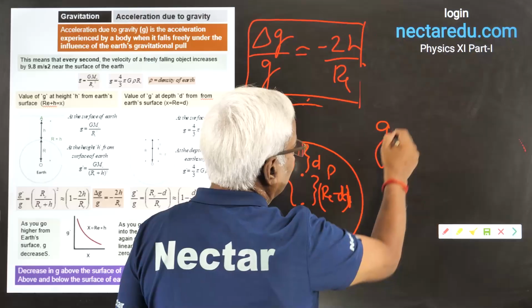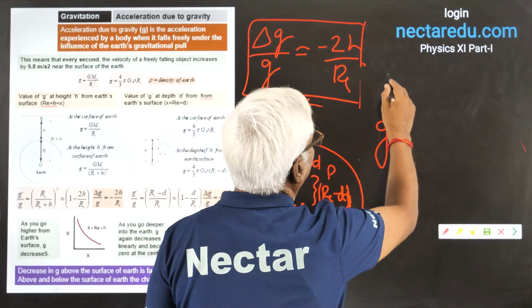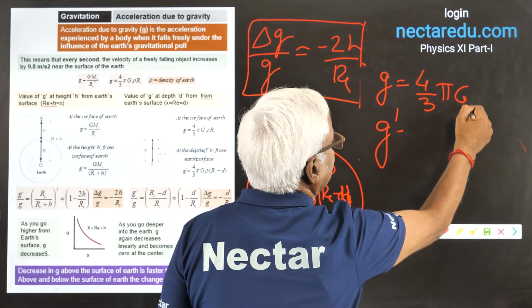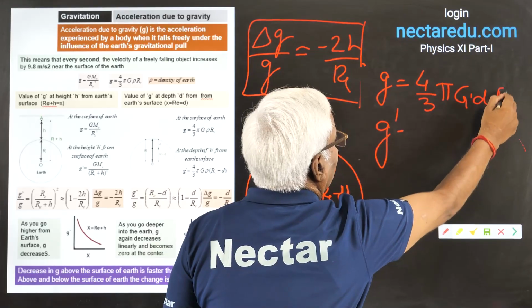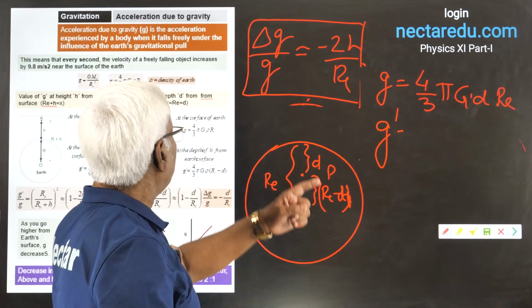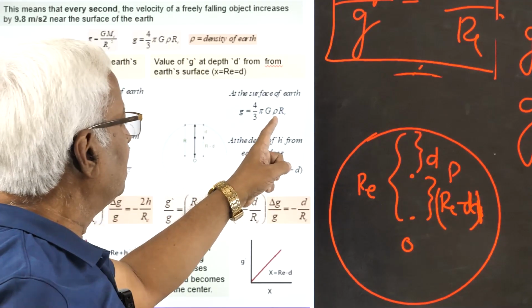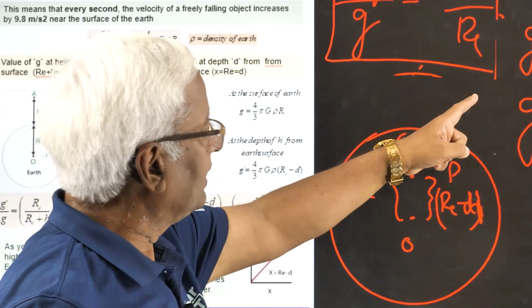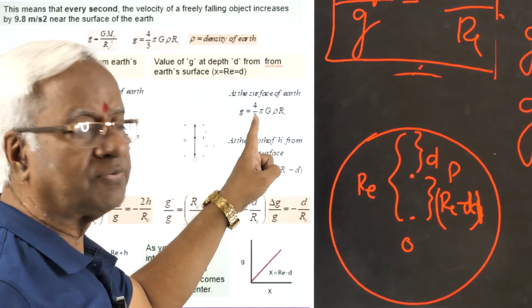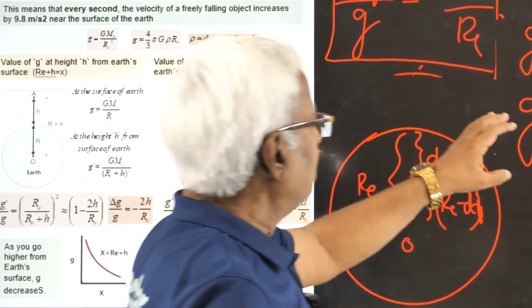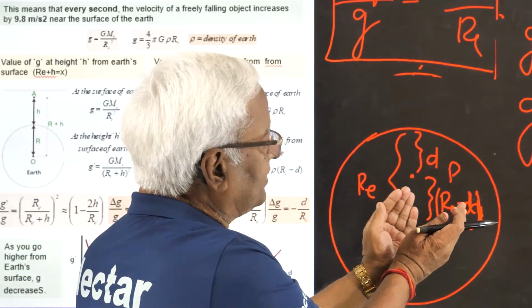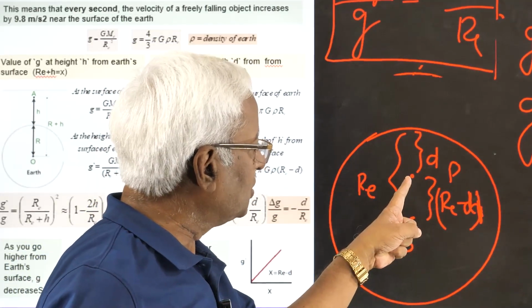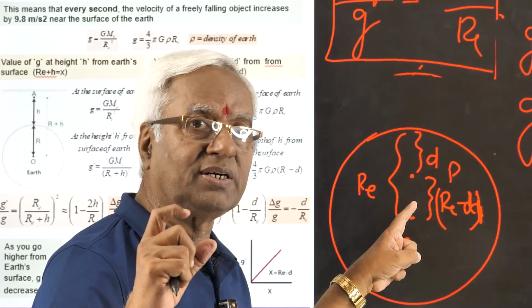Now, we'll use this relation for g, 4 by 3 pi G rho RE. Here d stands for density, though here we have used rho in place of d, all the same. But when you consider the point inside, the total volume of the earth is not effective at this point lying inside the earth.